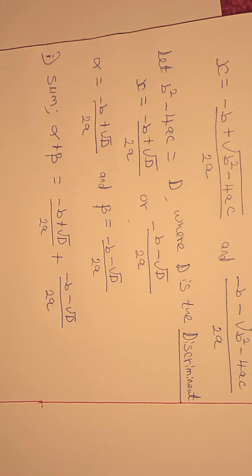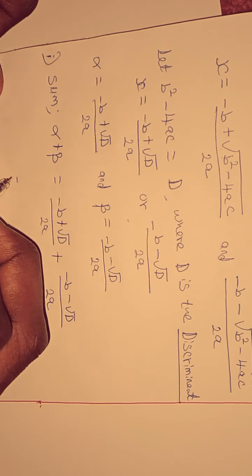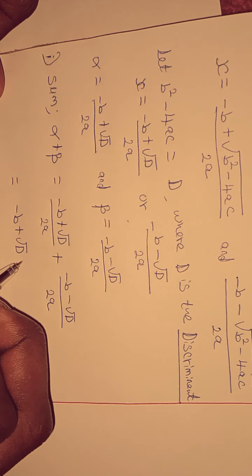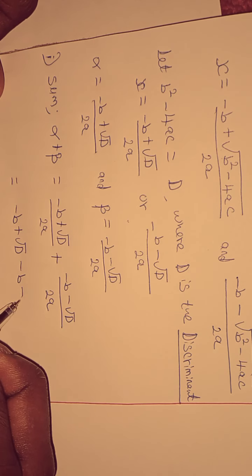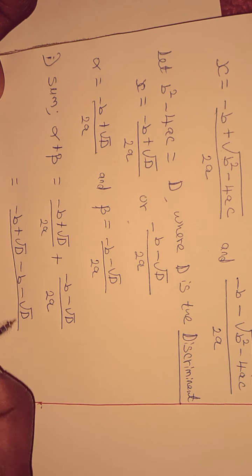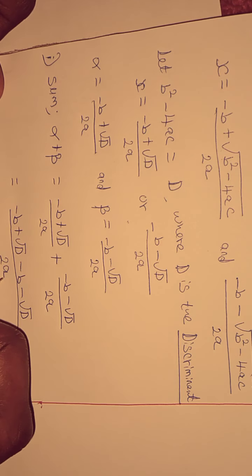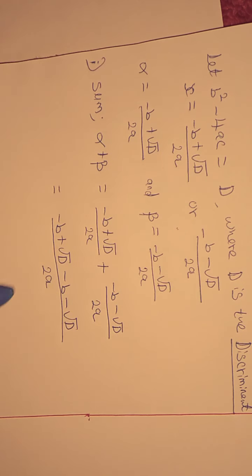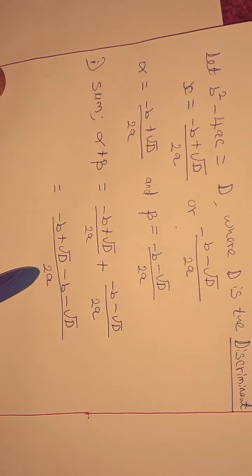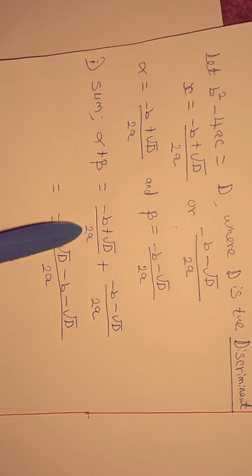When we sum this up, we have minus b plus root d minus b minus root d all over 2a, because they are both over the same denominator.